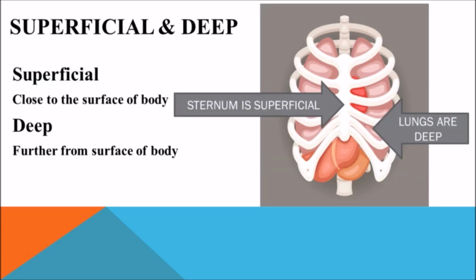Last one we will discuss is the superficial and the deep anatomical directional terms. As the name suggests, superficial means superficial layer. The structures which are close to the surface of the body come under superficial, and the structures which are further from the surface of the body or deep inside the body come under the deep structures. One example we will see here, between the sternum and the lungs.